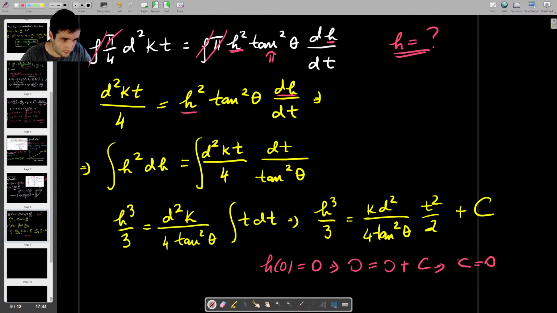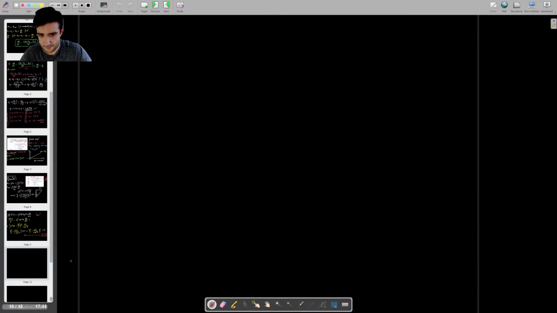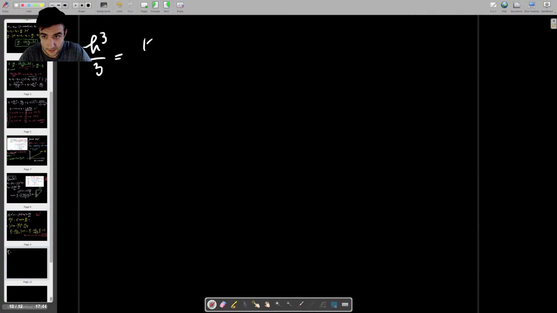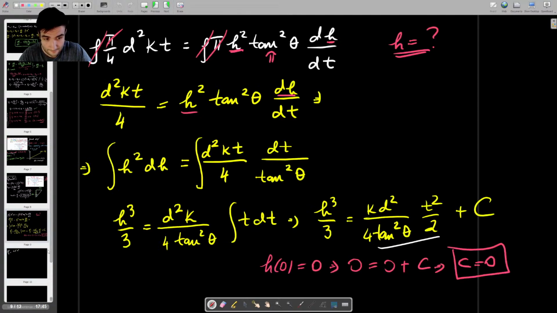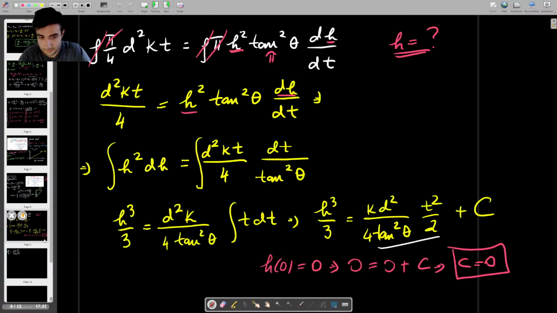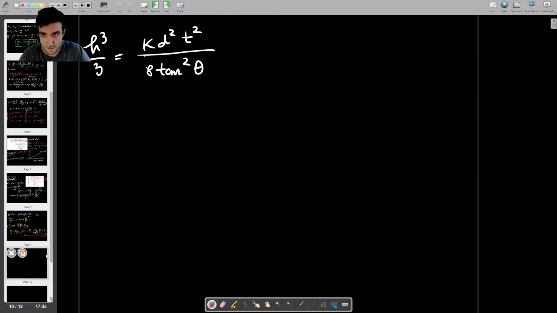So my constant is identically 0. Now if I rearrange, I should get that h cubed over 3 is equal to k d squared t squared over 8 tan squared theta.